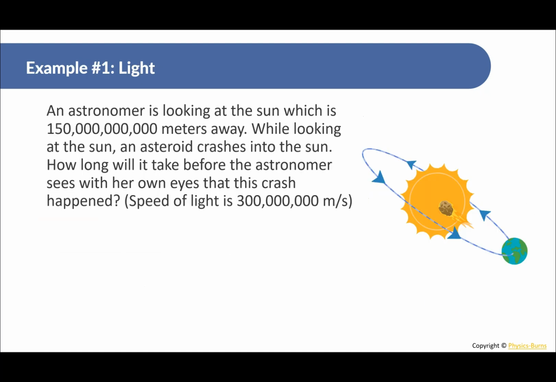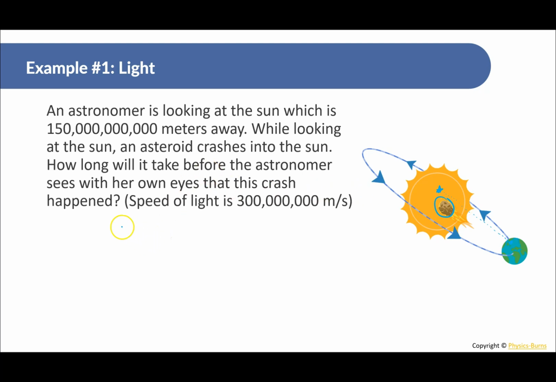All right, moving on. An astronomer is looking at the sun, which is 150 billion meters away. While looking at the sun, an asteroid crashes into it. How long will it take before the astronomer sees with her own eyes that this crash happened? The speed of light is 300 million meters per second. So the asteroid crashes into the sun, and that information is going to take a while for the astronomer to see.